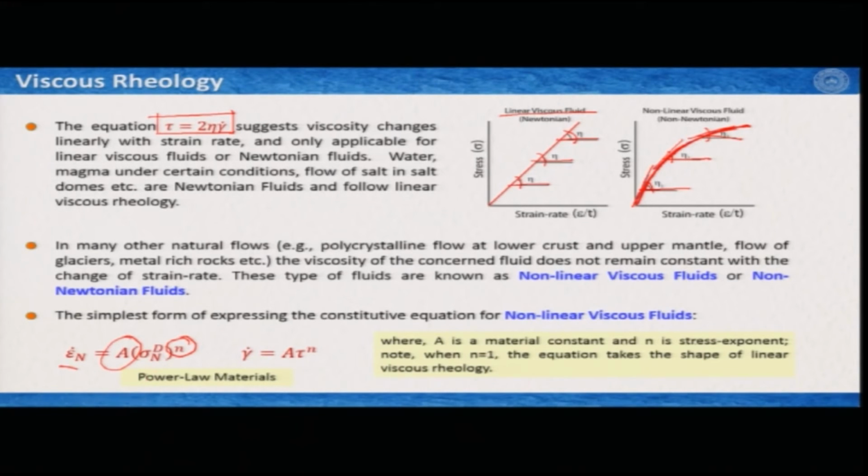This exponent is known as the stress exponent and A is a material constant, and because it has a power, sometimes we refer to it as power law flow, or the materials which do not have a linear viscosity property, we also call power law materials.